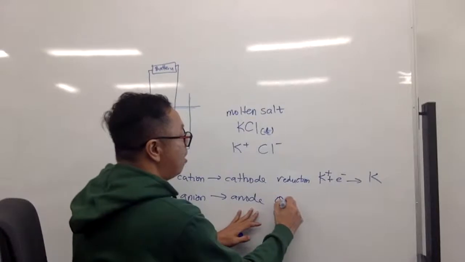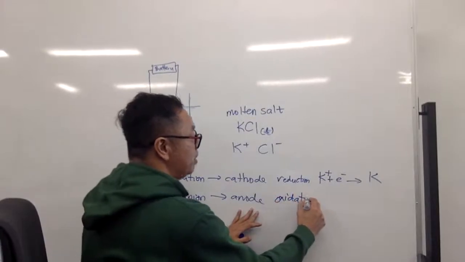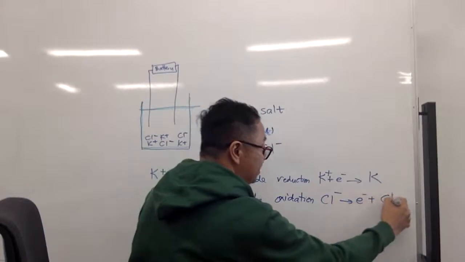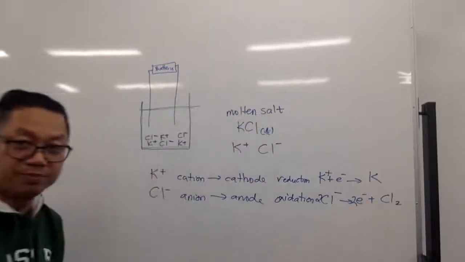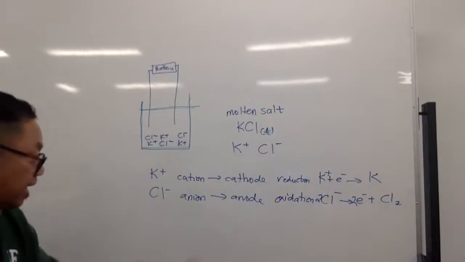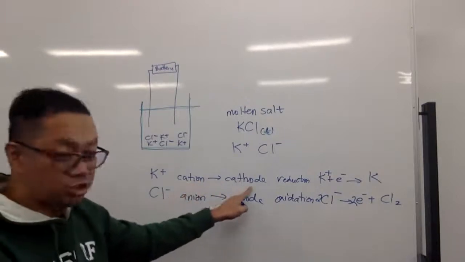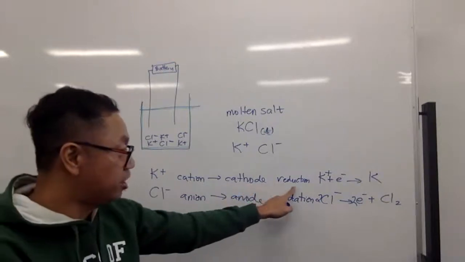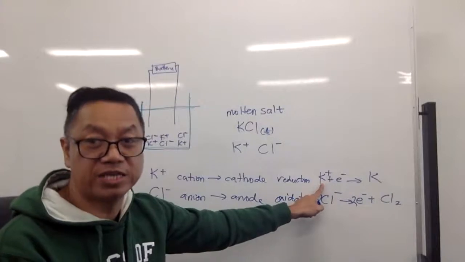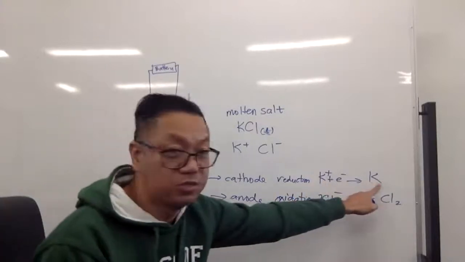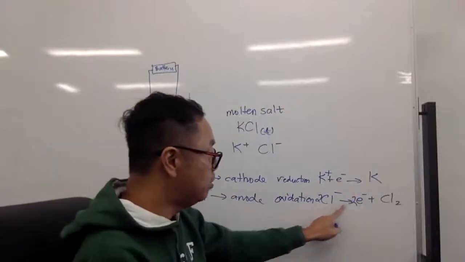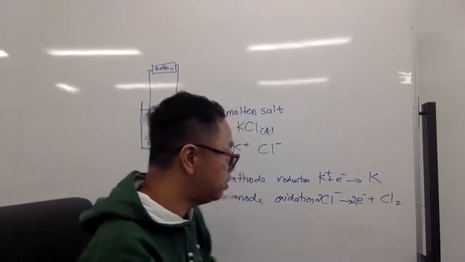And this is oxidation, meaning the chloride will lose an electron to form Cl2, 2 electrons. You get the idea? Cation attracted to the cathode, reduction. That's why the K plus has an oxidation state of +1, becoming 0. And then we have here chloride will lose electrons, will form Cl2.